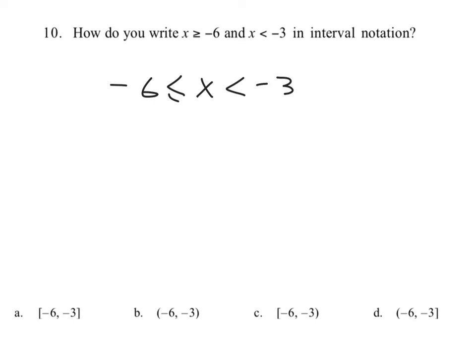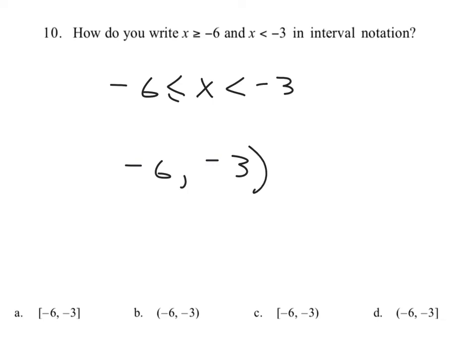So we've then got endpoints of -6 and -3. And remember, the notation gives the two numbers written like that. Can we include -3? Well, does it say or equals here? No, it doesn't say or equals. So when the endpoint's not included, what do you write? You write parentheses.